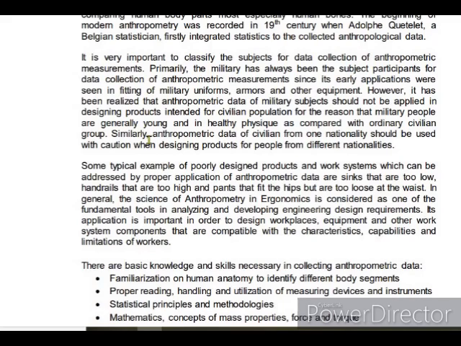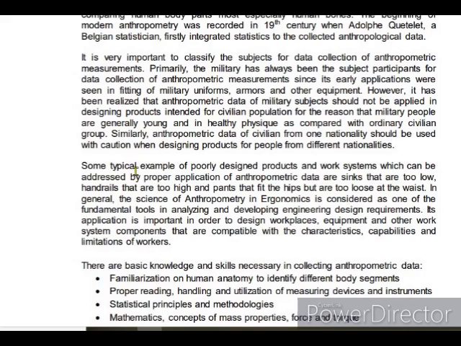However, it has been realized that anthropometric data of military subjects should not be applied in designing products intended for the civilian population. It is true. That's why we classify our subjects. For the reason that military people are generally young and in healthy physiques as compared with the ordinary civilian group. That is true.